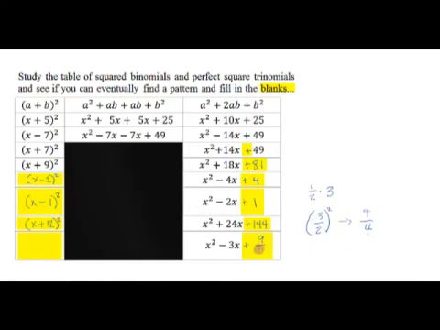So here, the number that we put is 9/4. Remember, half of 24 is 12, squared is 144. Half of 3 is 3 halves, squared is 9/4. Now, how does this factor? The square root of x goes here. We're going to use the middle sign. And the square root of 9/4 is 3 halves.